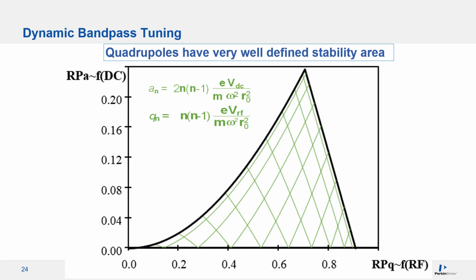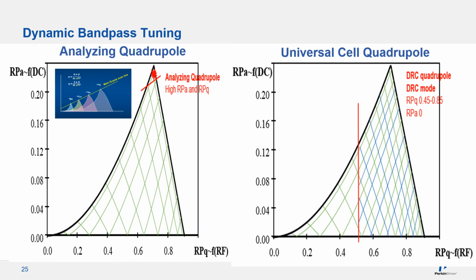Here are the Mathieu parameters A and Q, which represent DC and RF. When using a mass-resolving quadrupole, we can modify the DC and RF applied to that quadrupole, or the RPQ and RPA values. By adjusting these values in the universal cell, we can destabilize ions with certain masses.